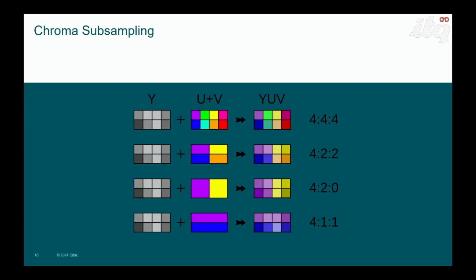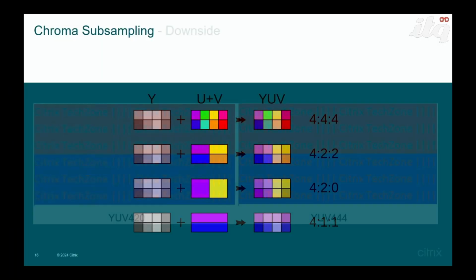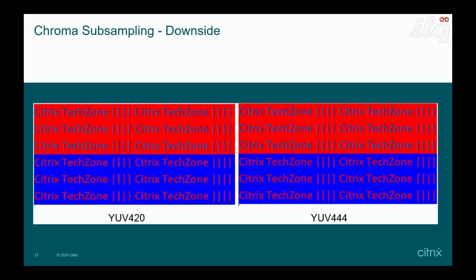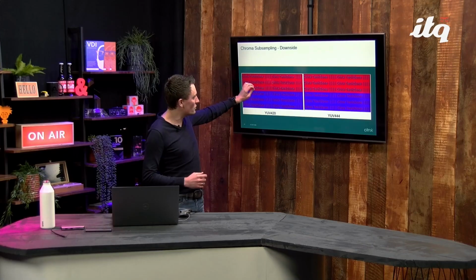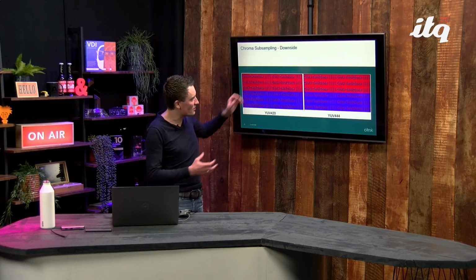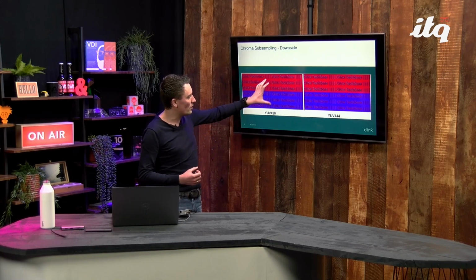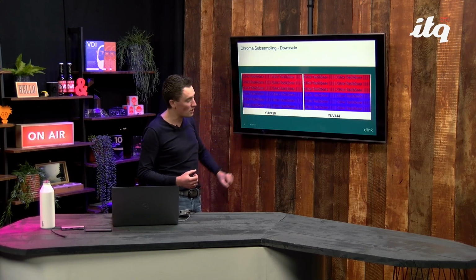This is an important one because if you have chroma subsampling active, it could give issues with still images, especially if you have sharp contrast between different colors. For example, here we can see that with YUV 420, the blue and the red start to blend into each other, while with 444, if there's no color compression, you can really see the sharp lines.